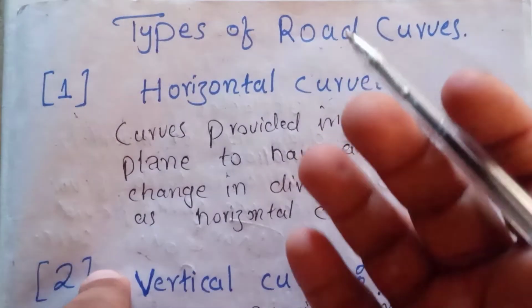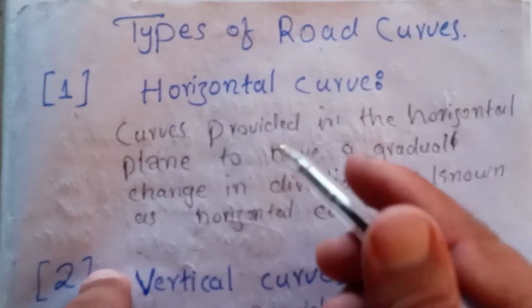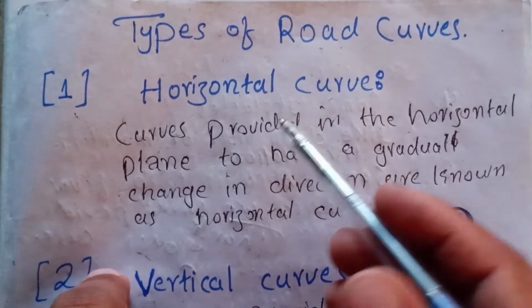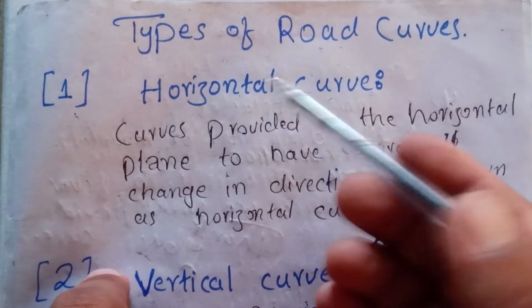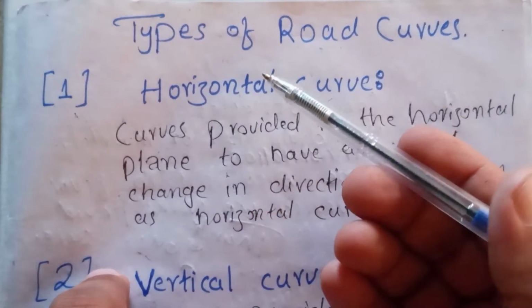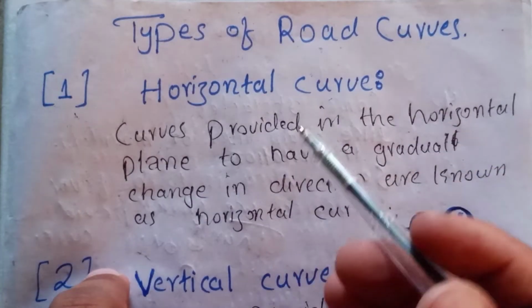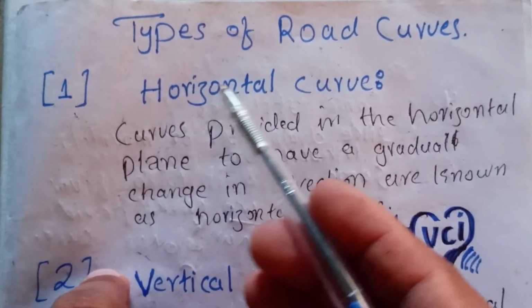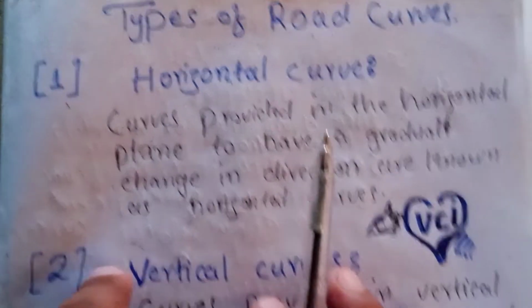It means that when a curve is provided in the horizontal plane, just like a road to pass around a graveyard and a village, or to go by the side of a river, it is a horizontal curve.